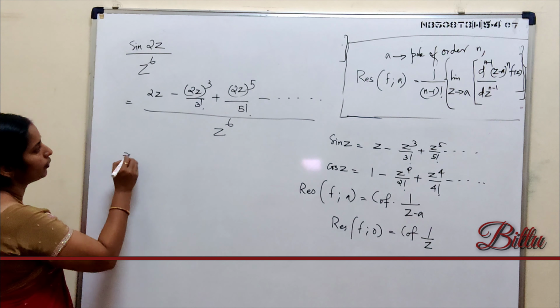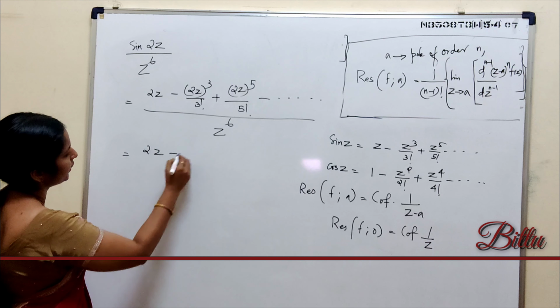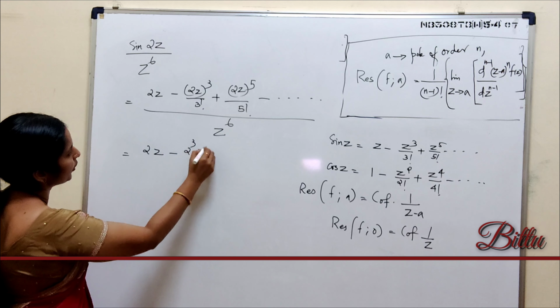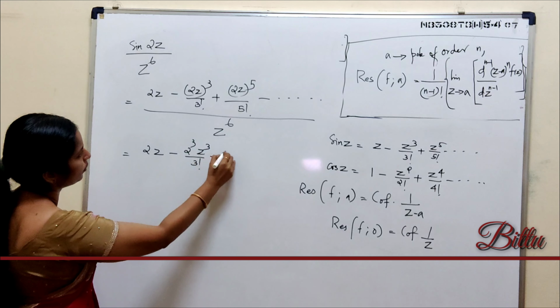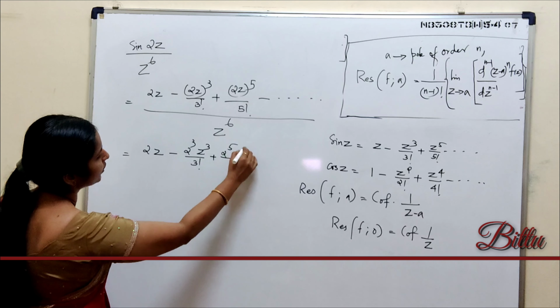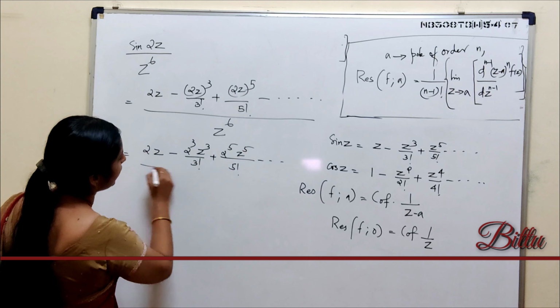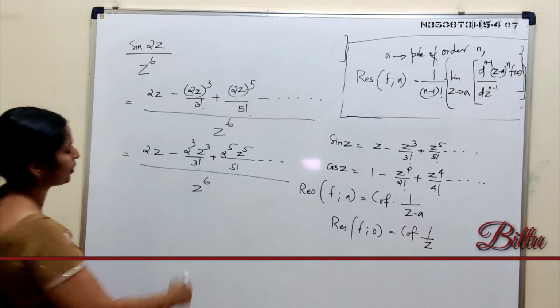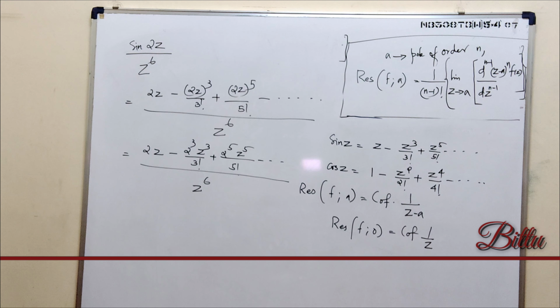For that, you consider 2z minus 2 cube z cube by 3 factorial plus 2 raised to 5 by 5 factorial into z raised to 5 minus etc., the whole divided by z raised to 6. You have to find the coefficient of 1 by z.